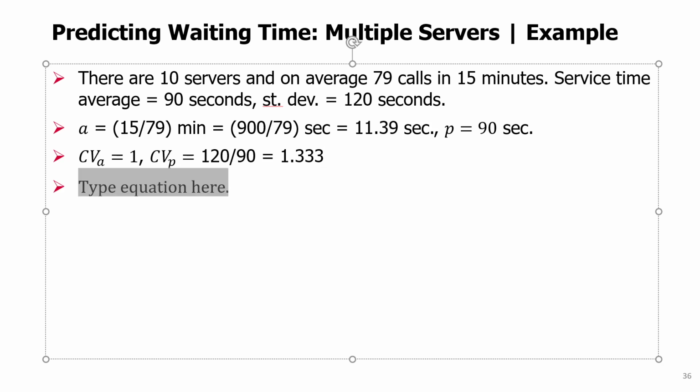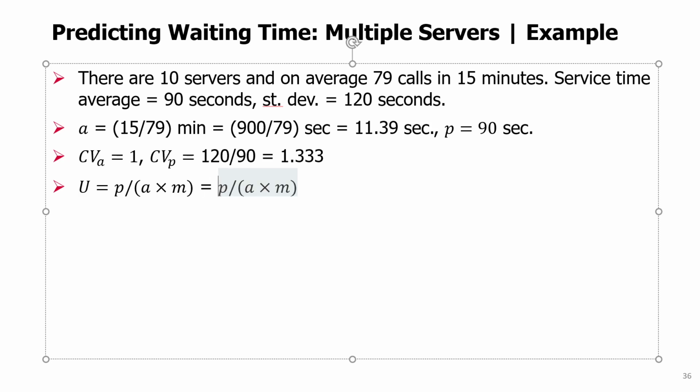Now we can also calculate utilization, and recall that utilization is processing time divided by two things: the average inter-arrival time multiplied by the number of servers. So let me plug in the numbers.